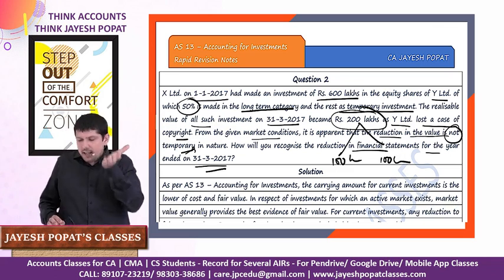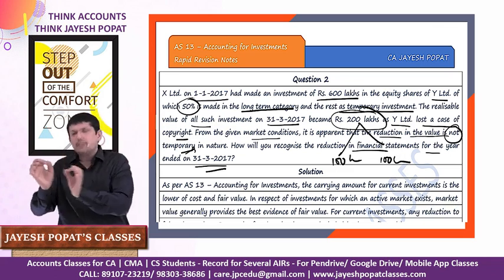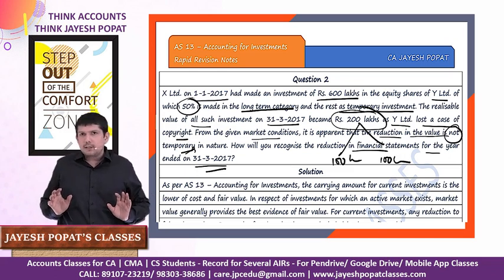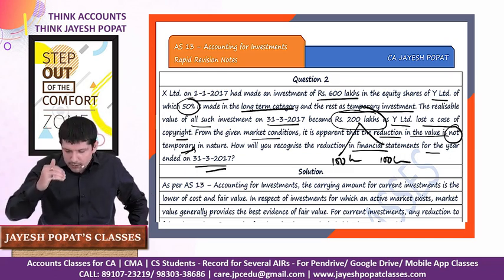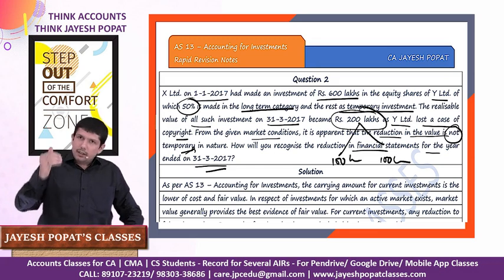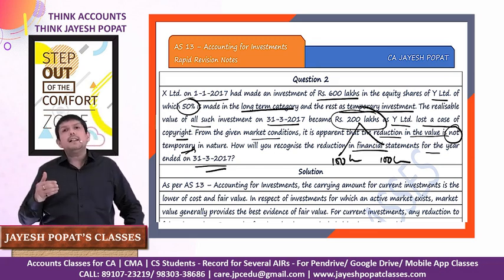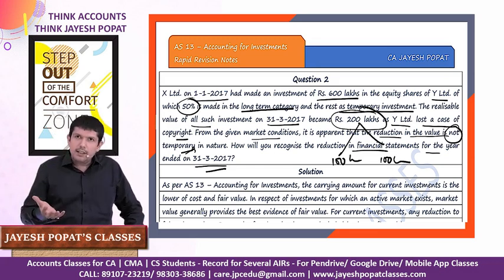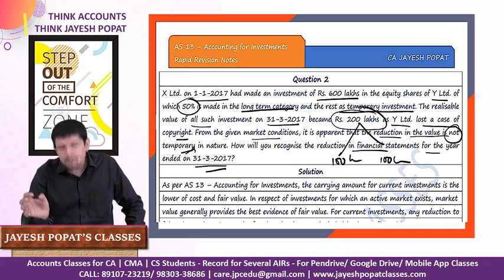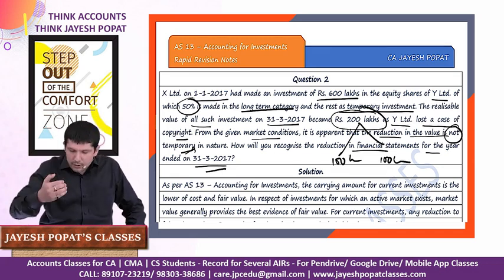So between 300 and 100, 100 is the value at which the current portion of the investment will be carried. Long-term investment, we know that it is usually carried at cost, but here we can see that the decline is of other than temporary nature, so the long-term portion should also be reduced.